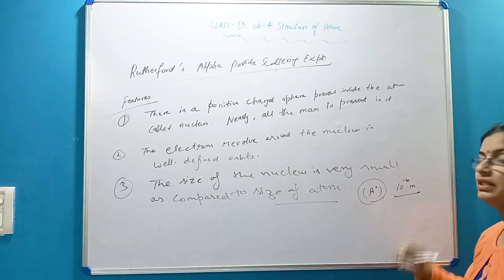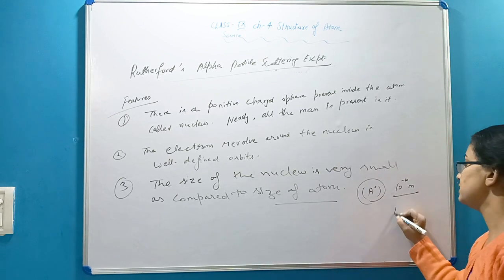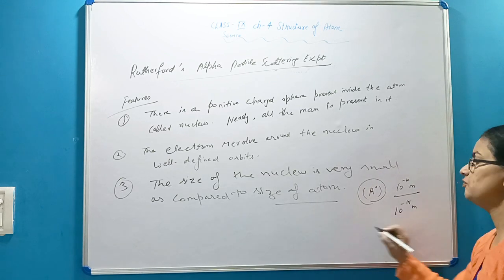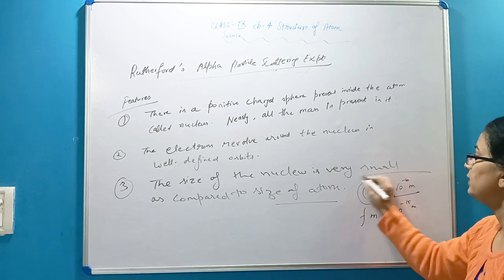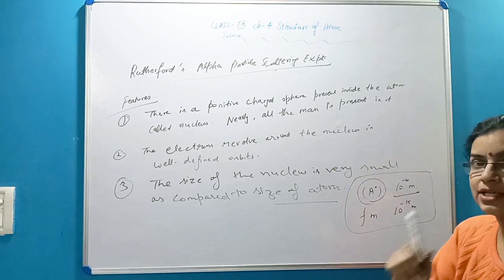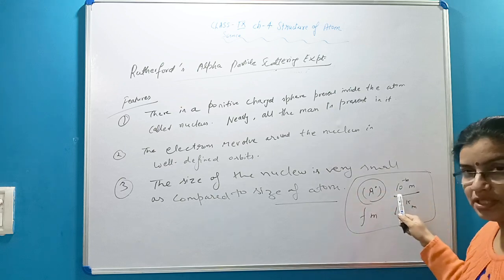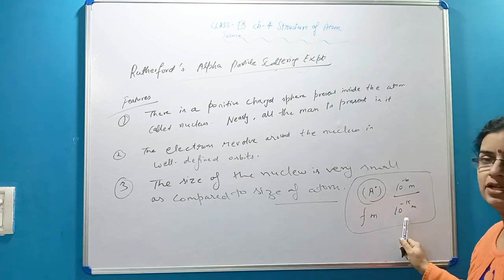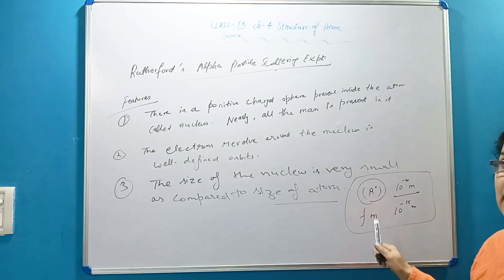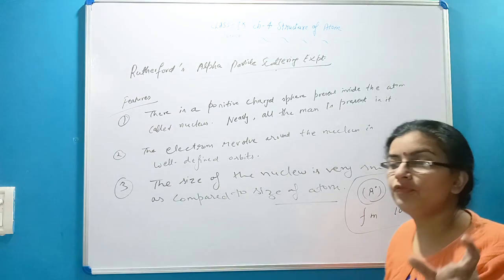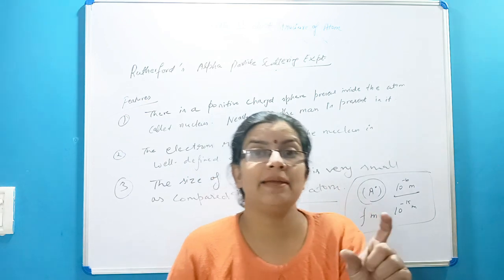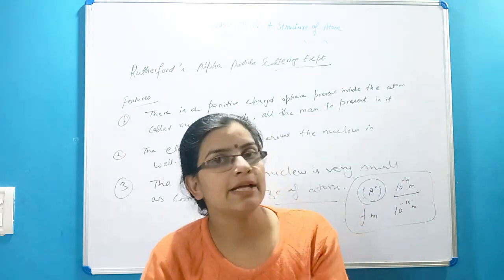The size of the nucleus is 10 to the minus 15 meter, that means a Fermi. So atomic size is 10 to the minus 10 meter, and nuclear size is 10 to the minus 15 meter. That means the size of the nucleus is 1 lakh times smaller than the size of the atom.